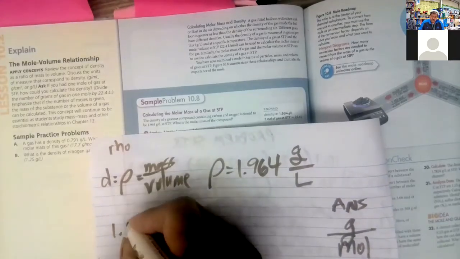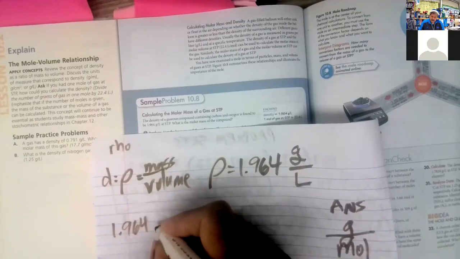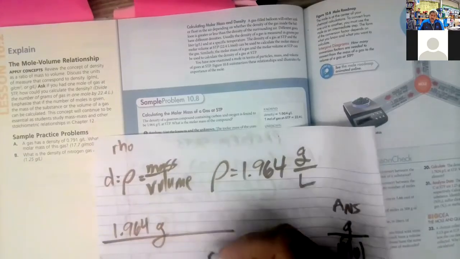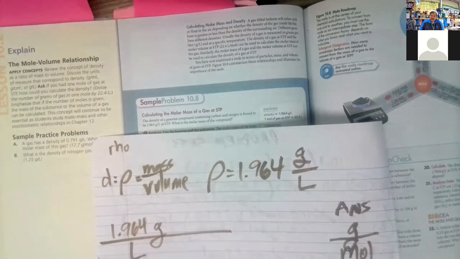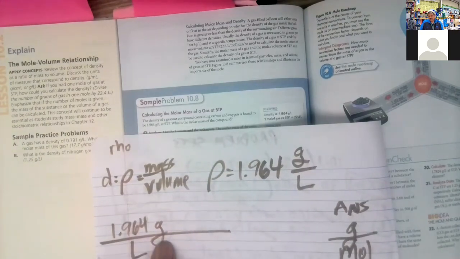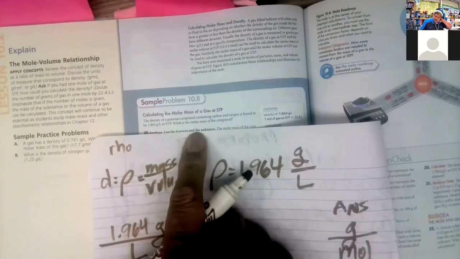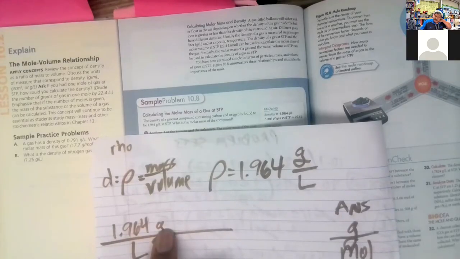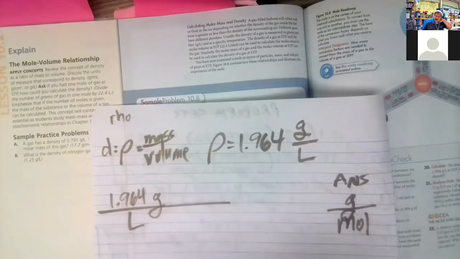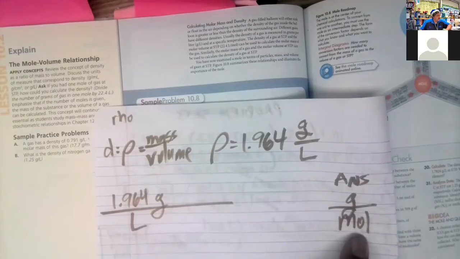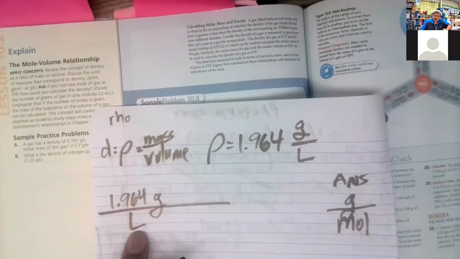Now we know the density. The density is 1.964 grams for every liter. Well, we need a conversion factor to get rid of liters. Okay. And what we want is a molar mass. Remember, molar mass is going to be grams over moles right here. Well, the conversion factor we know is that for every mole of a gas, 22.4 liters.